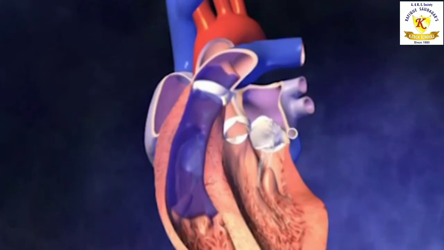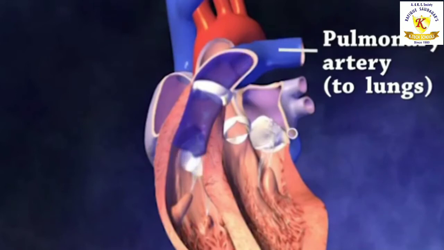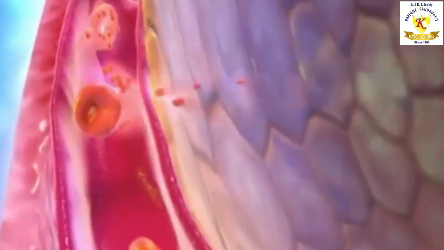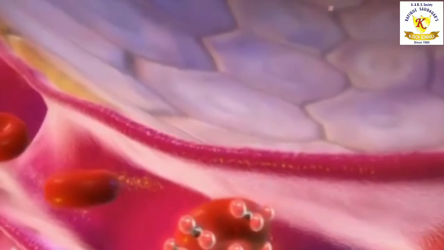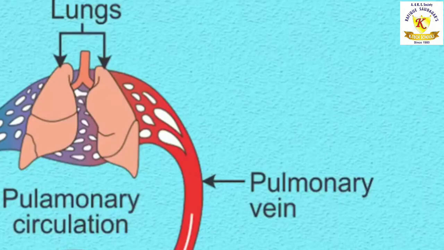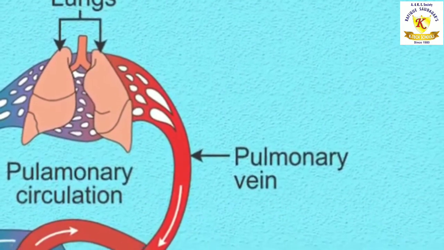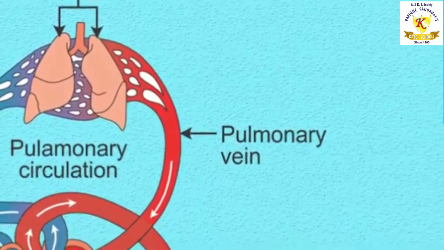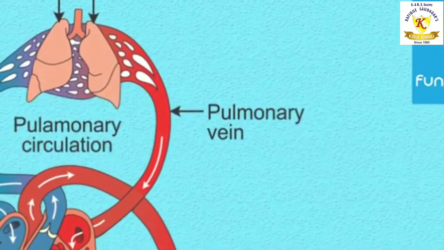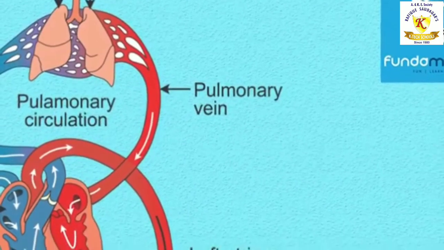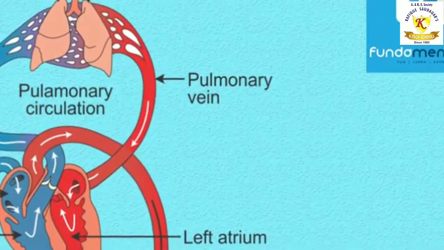Here, the heart pumps out the blood to the lungs through the pulmonary artery to again get the oxygen and release the carbon dioxide. Finally, the oxygenated blood from the lungs enters the heart again through the pulmonary vein. So children, this is how the blood is circulated in the body.